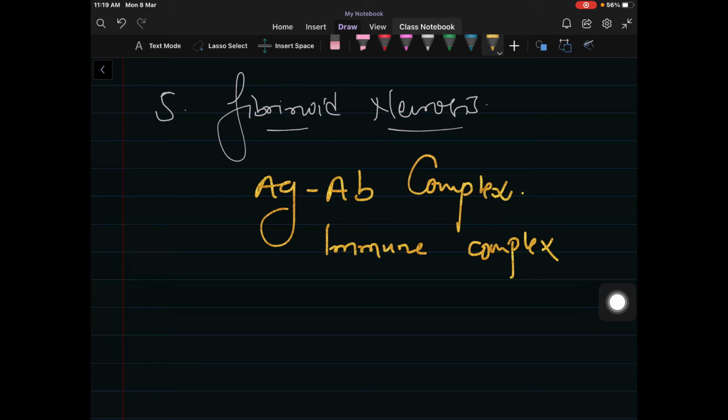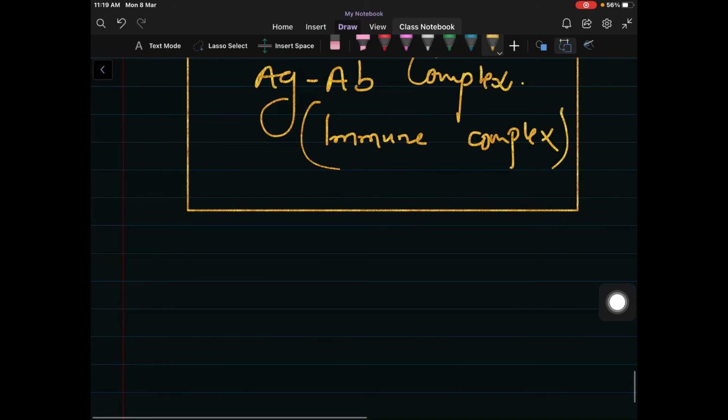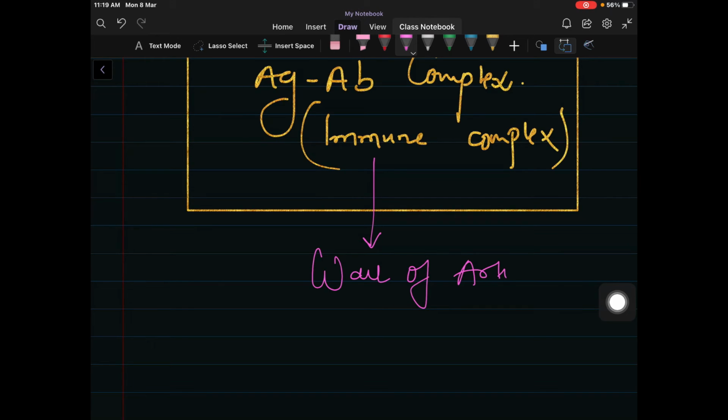Remember, put it in a box. Fibrinoid necrosis is caused because of the antigen antibody complex, or the immune complex, which gets settled down in the wall of the arteries.